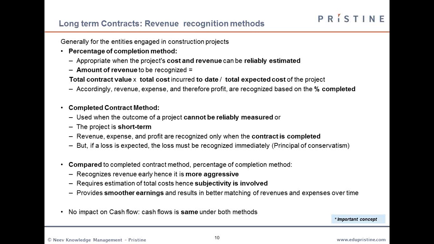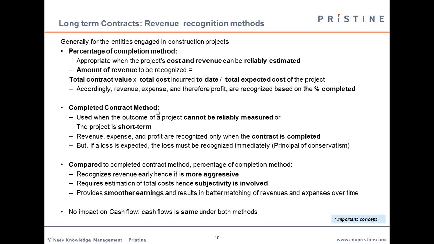And then if you suppose the costs incurred are 20% of the total expected cost, then the amount of revenue that you recognize is also 20% of the total revenue that you expect. So here in this case, the revenue that you record is 20% of 1 lakh, which is 20,000. So basically here, the revenue, expense and the profit are recognized based on the percentage completed.